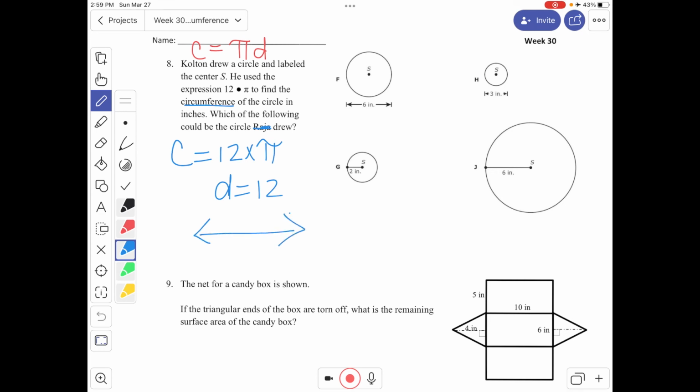And diameter goes all the way across the circle. So which one of these has a diameter of 12? The diameter of the first one is 6. What's the diameter of each circle? And the correct one will be when the diameter is 12.